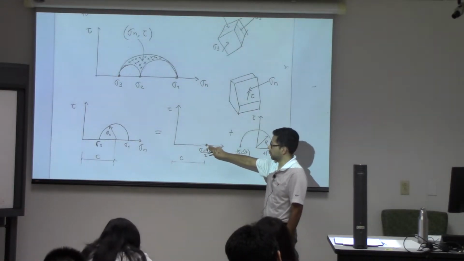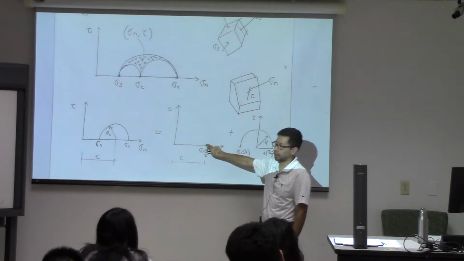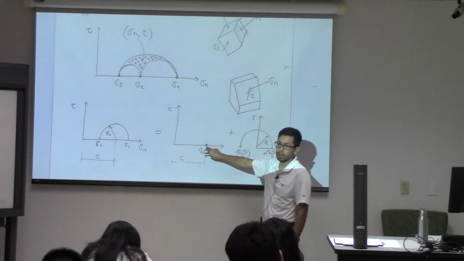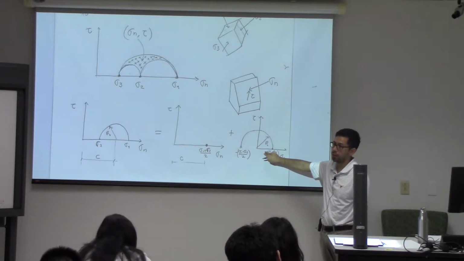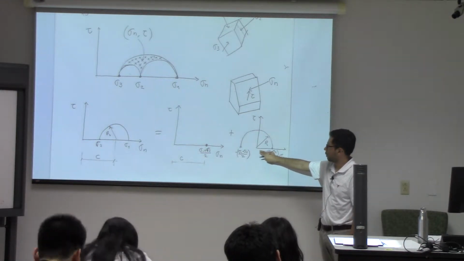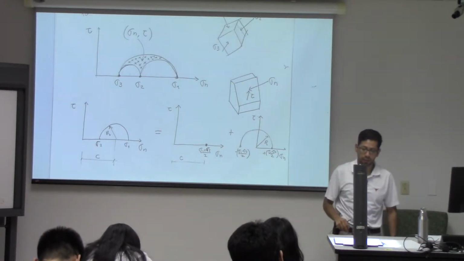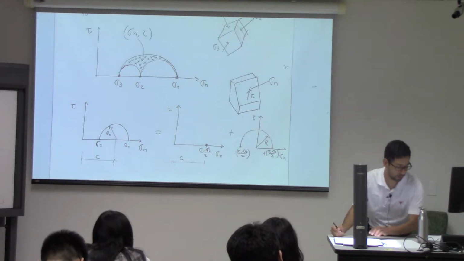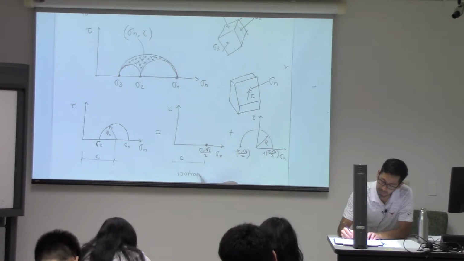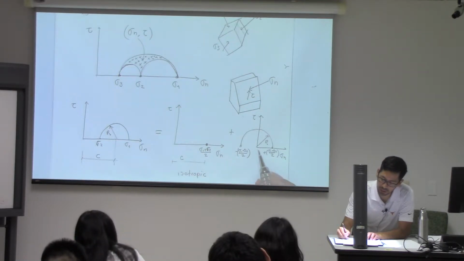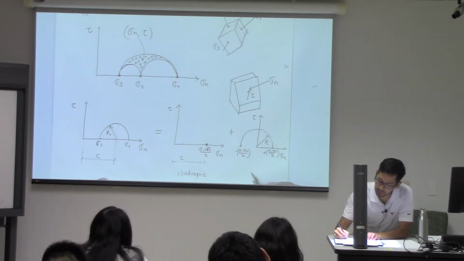This is what is called the isotropic component of the stress tensor, and this is the deviatoric component. What is the mean stress of the deviatoric component? 0, right? If you calculate the mean stress, it's just going to be a dot over here.